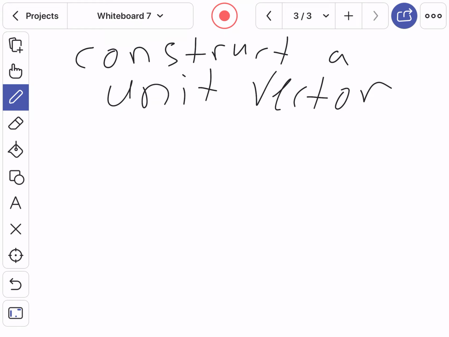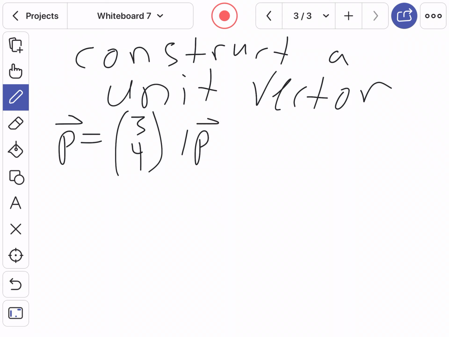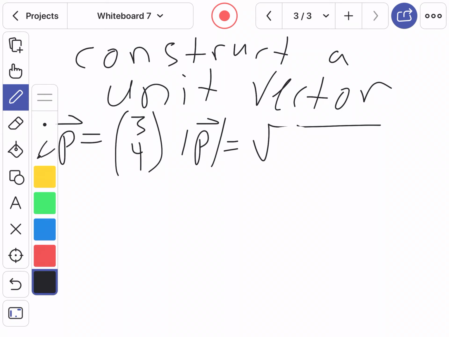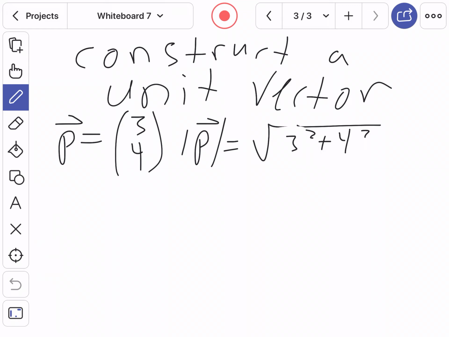So let's start with a classic vector. I'll call it vector P for Paulson. So this vector is 3, 4. It's a classic. Now the magnitude of said vector P is also a classic. That's going to be the square root of 3 squared plus 4 squared.